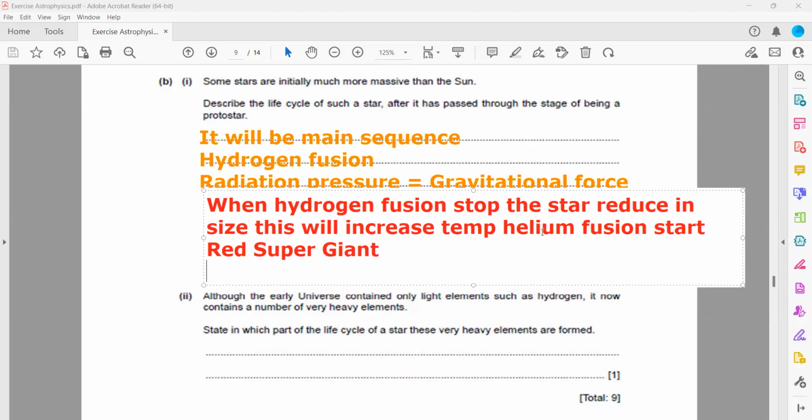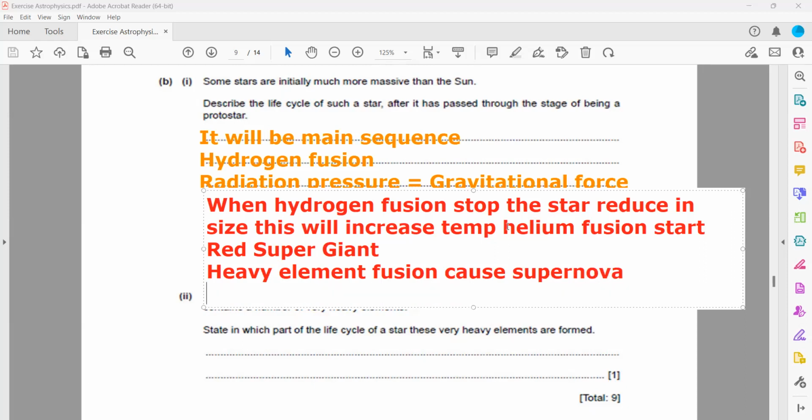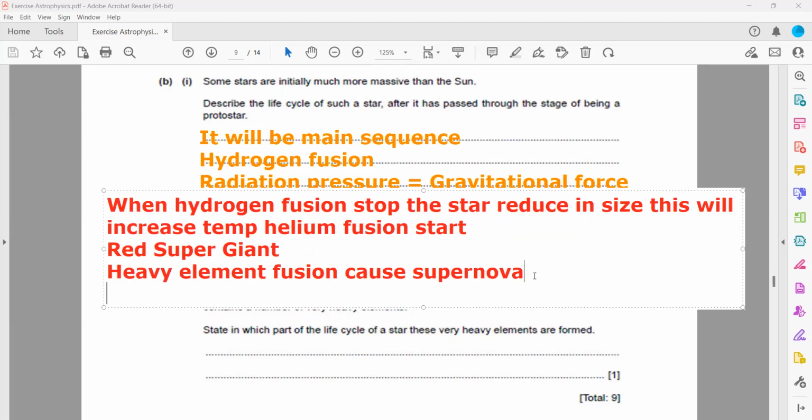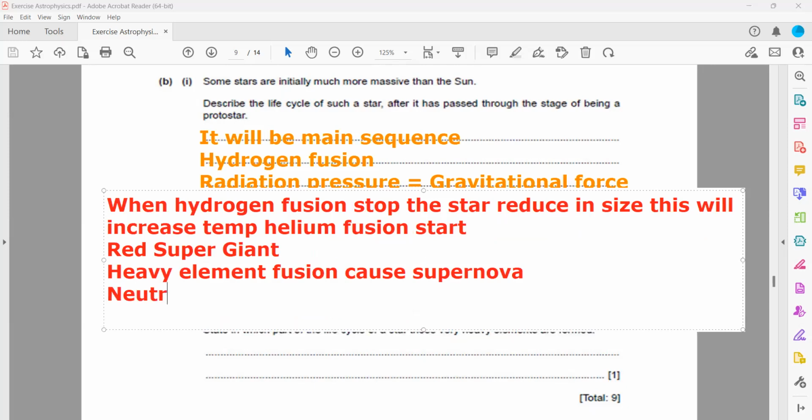Then when helium fusion stops, heavy element fusion starts, and there will be a supernova. As a result of that explosion, it will turn into either a neutron star or a black hole.